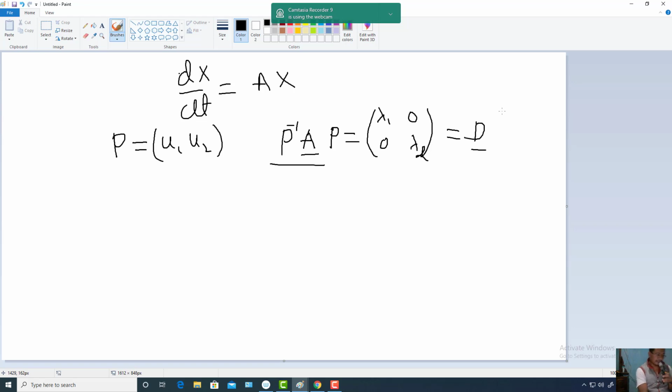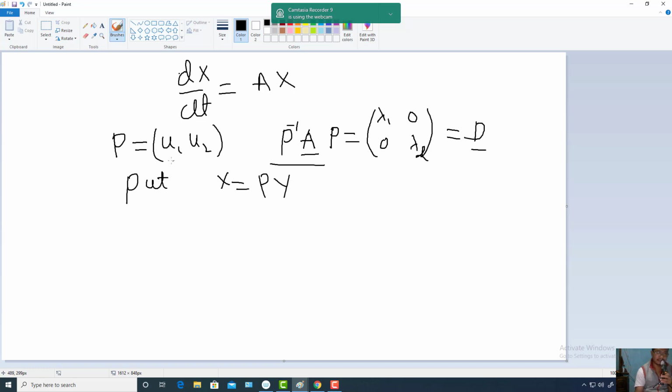Let us see. You put x equal to Py, then what happens? X is the column vector x1, x2. Y is the column vector y1, y2.